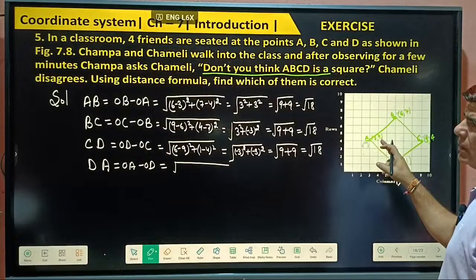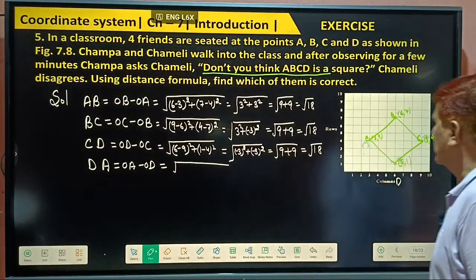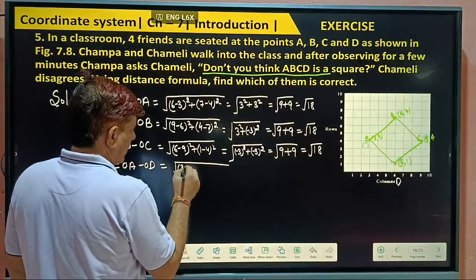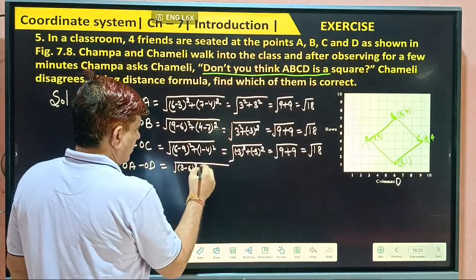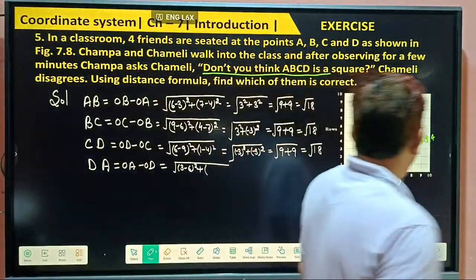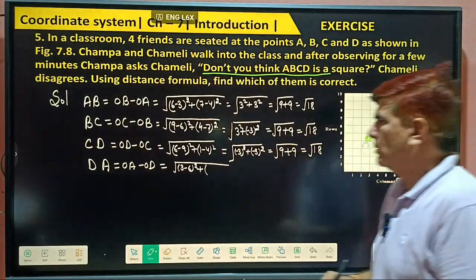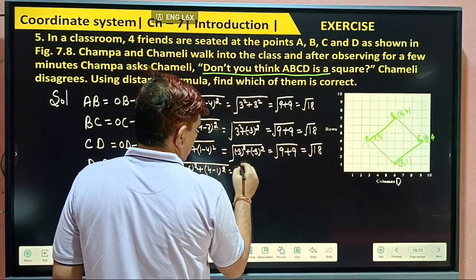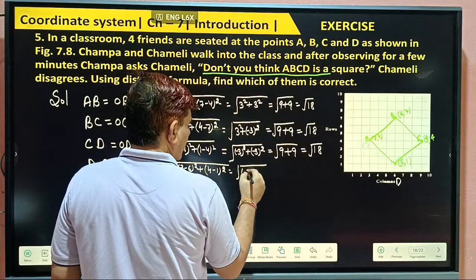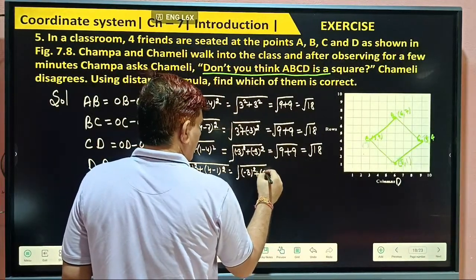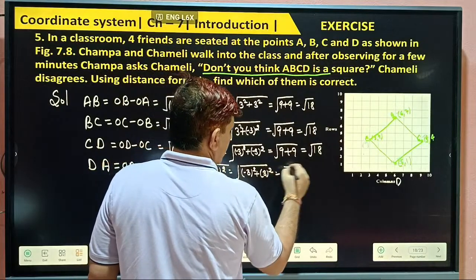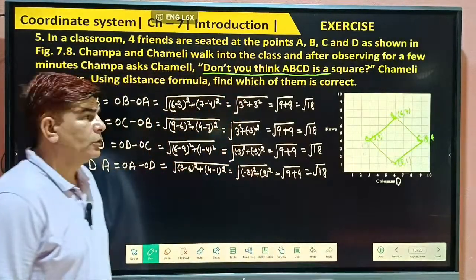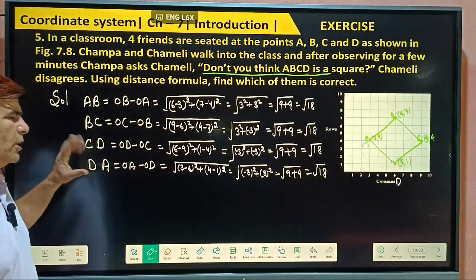Whose coordinates are 3 and 4? 3 minus 6, 3 minus 6, I can write here 3 minus 6 plus 4 minus 1, 4 minus 1 whole square, is equal to minus 3 whole square plus 3 whole square, is equal to 9 plus 9, and root 18. So AB equal to BC equal to CD equal to DA.